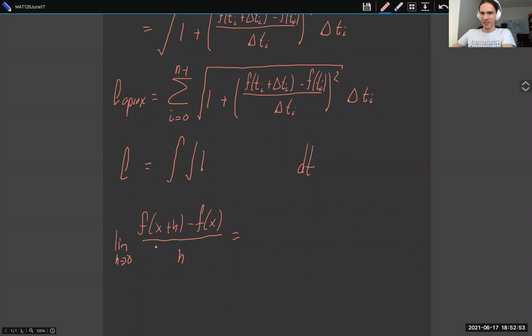This expression right here is, of course, the definition of the derivative, right? Any questions? So remember, you've definitely seen the definition of the derivative before, right? So then what does this become? This becomes a 1 plus what?